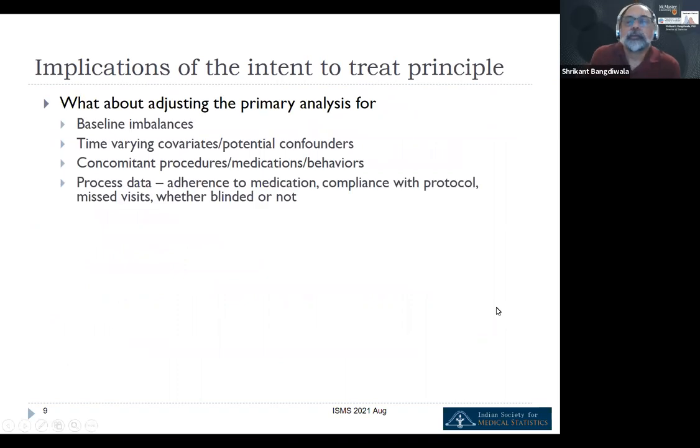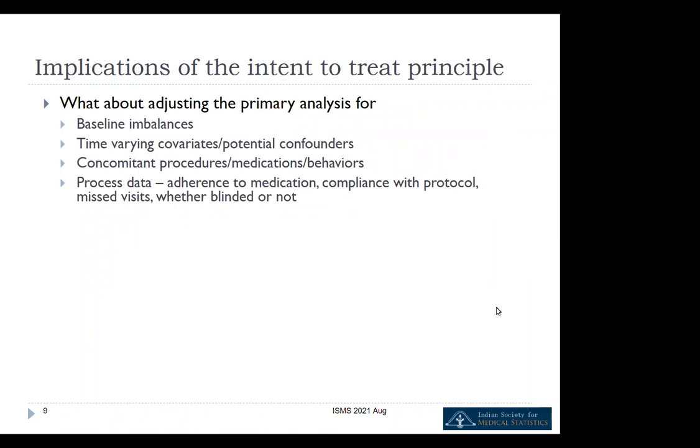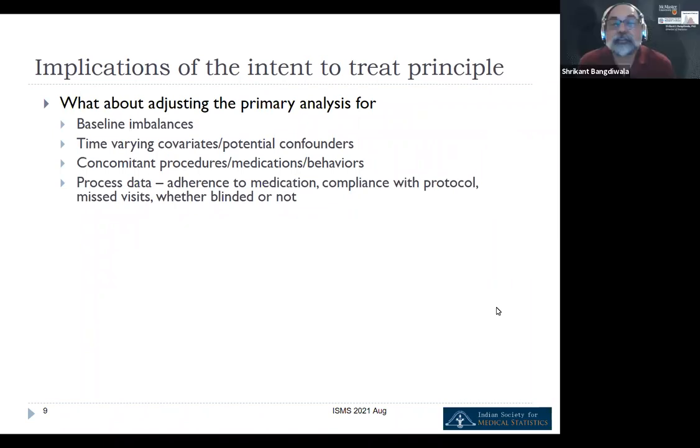So what about adjusting for other things? You say you're used to doing all these adjustments and models, et cetera. What if you have baseline imbalances? The randomization did not work perfectly and you just, for bad luck because you had a small study, you have baseline imbalances.